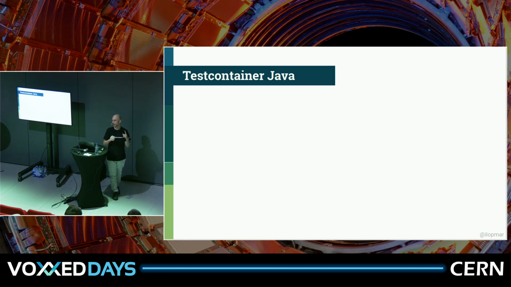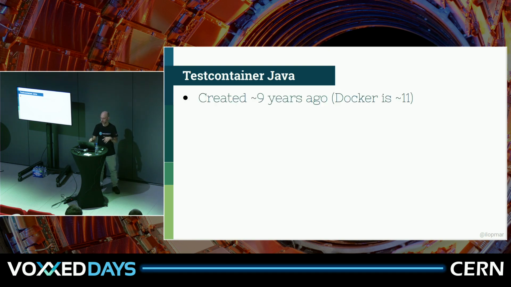The first implementation that basically started the project was Testcontainers Java. To give you an idea of the timing, it was created around 9 years ago, and Docker is around 11 years ago. So basically a year and a half, 2 years after Docker started, they started to create this first version of Testcontainers Java.